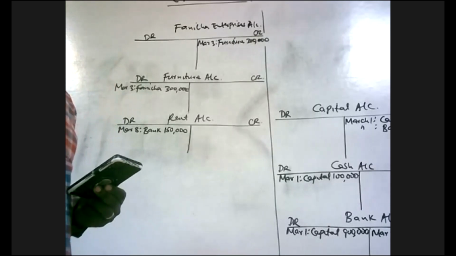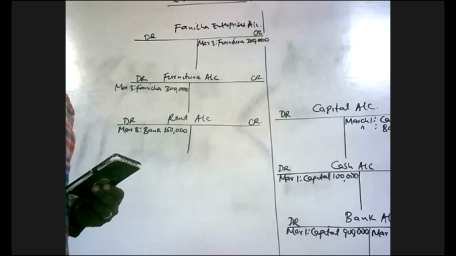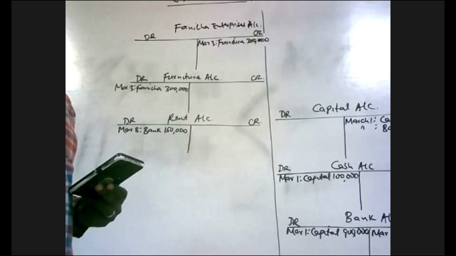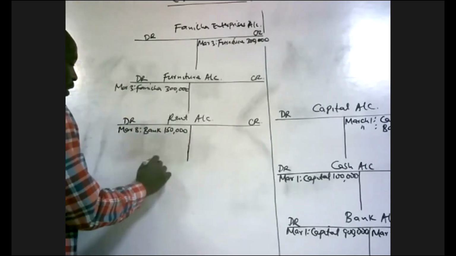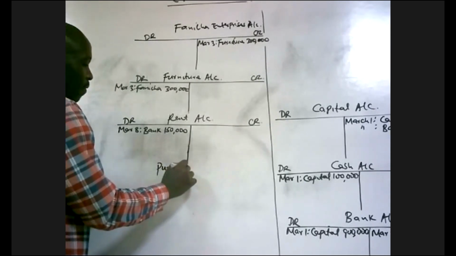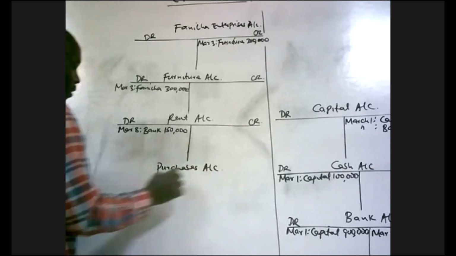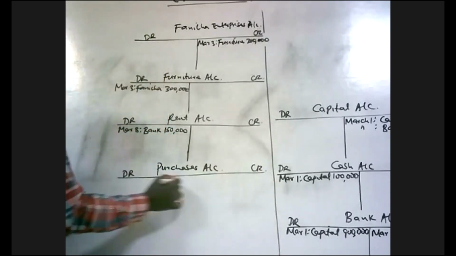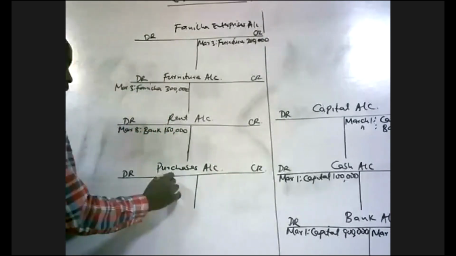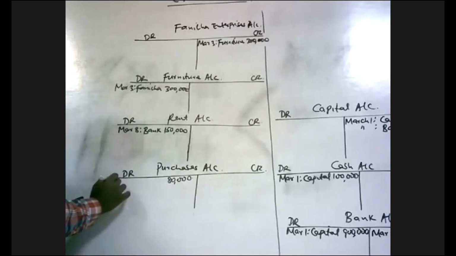Can I try? Yes, Lydia. So we create a purchases account. Anytime you hear the words bought goods, you should proceed and have your purchases account ready. And we debit with 80,000, which was in cash form.